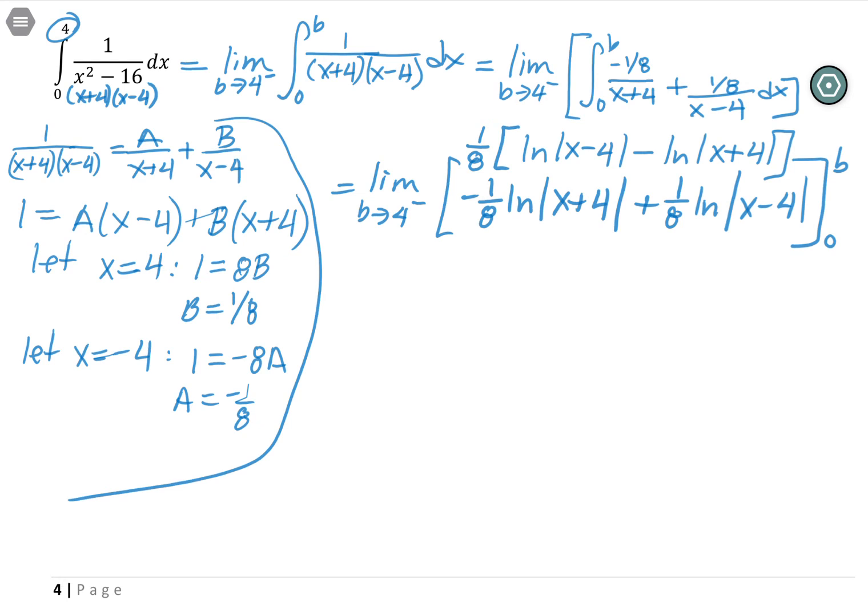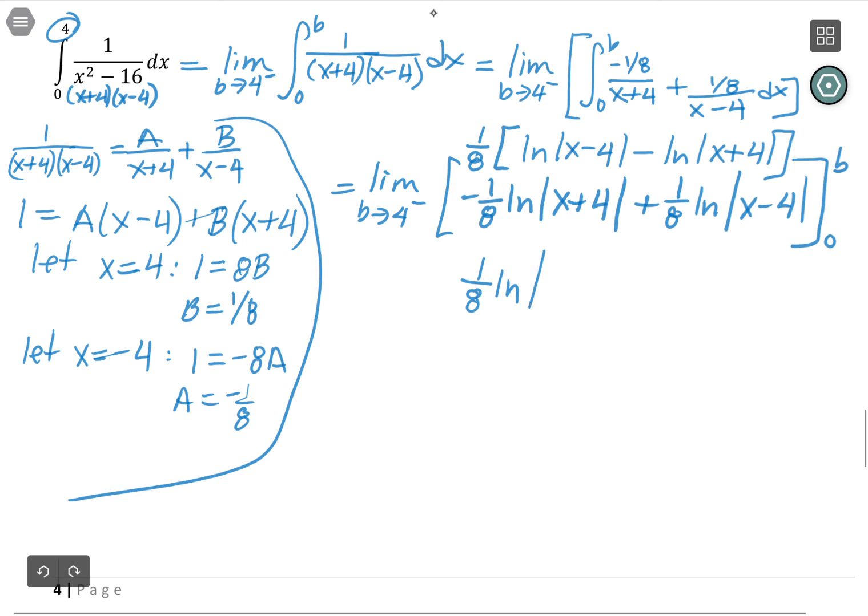So we're going to get 1/8 of the natural log of x minus 4 over x plus 4, but we're plugging b in. So b minus 4 over b plus 4. And then we're going to have minus 1/8 the natural log, and now we're plugging 0 in.